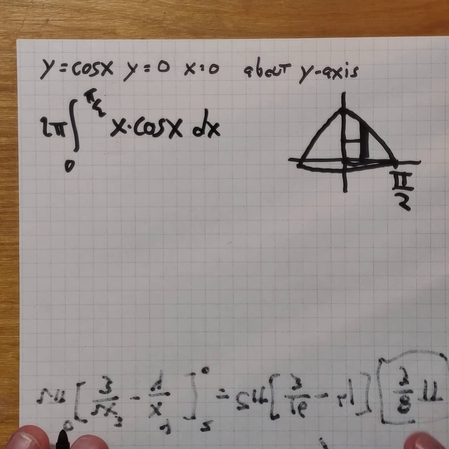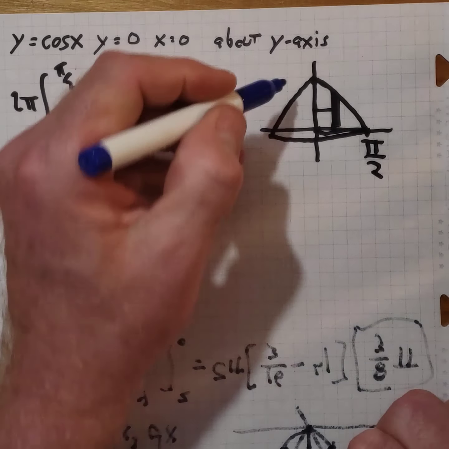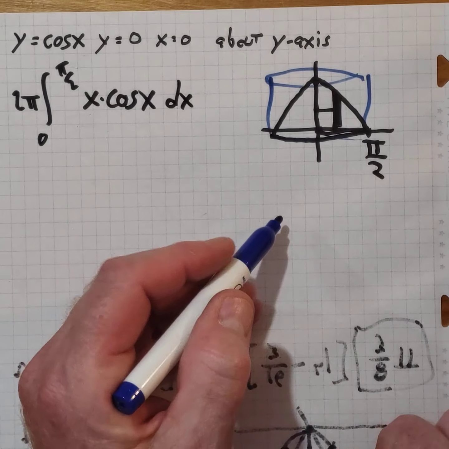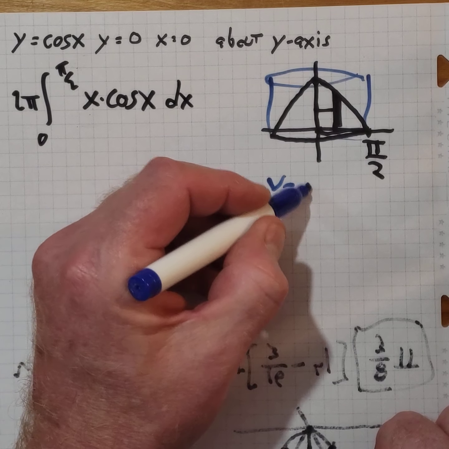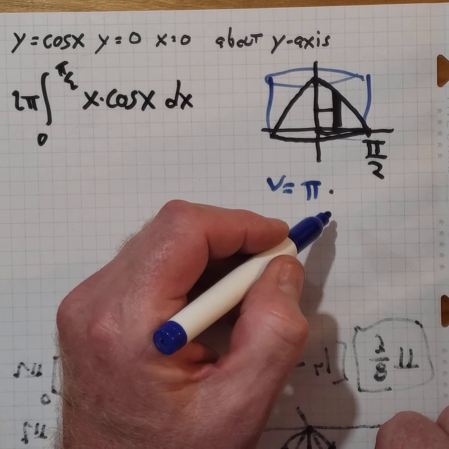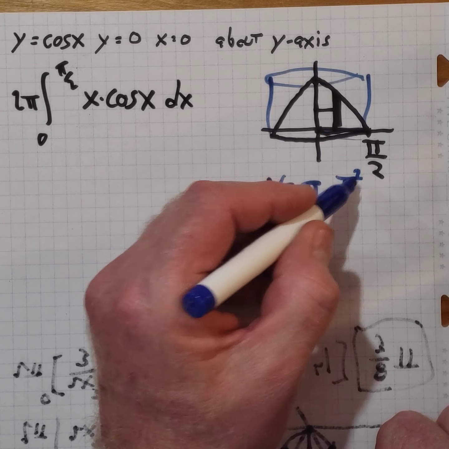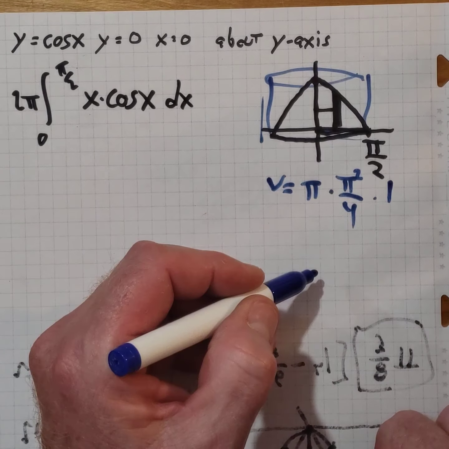Now a guesstimate for the size of this thing. I'm going to go to my alternate color. Say if I put a cylindrical box around that, the volume of that box is going to be pi times r squared. Our radius of the box would be pi over 2, so that's pi squared over 4, times the height of the box, which is just 1.